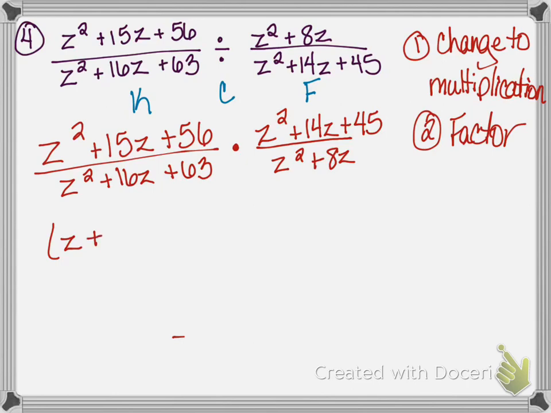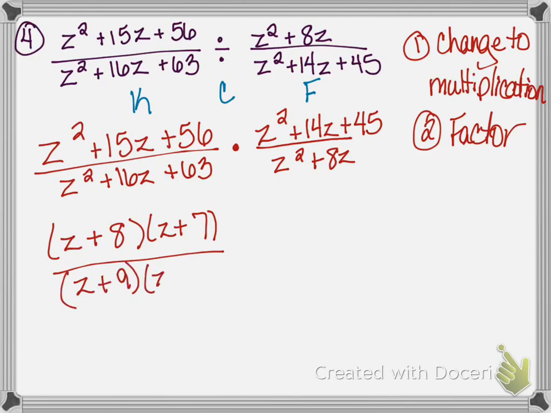So that is 8 and 7. So that factors to z plus 8 and z plus 7. Then, my next one, I've got a product of 63 and a sum of 16. So that's 9 and 7. So I have z plus 9 and z plus 7.